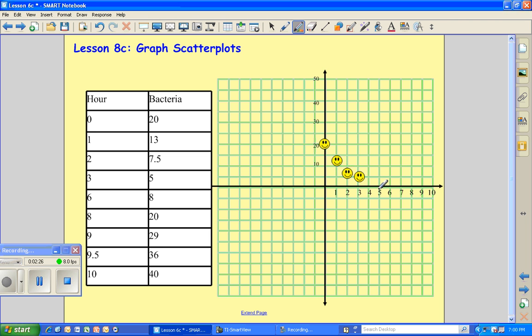We don't have anything for 4 and 5, and that's the other thing about scatter plots, you may not have a value for each one. 6 heads back up to 8. 8 is up here at 20, and 9 is at 29. 9.5 is at 36, and then 10 is up here at 40.